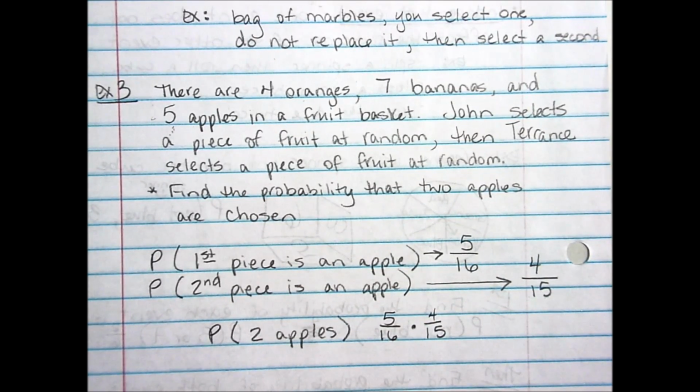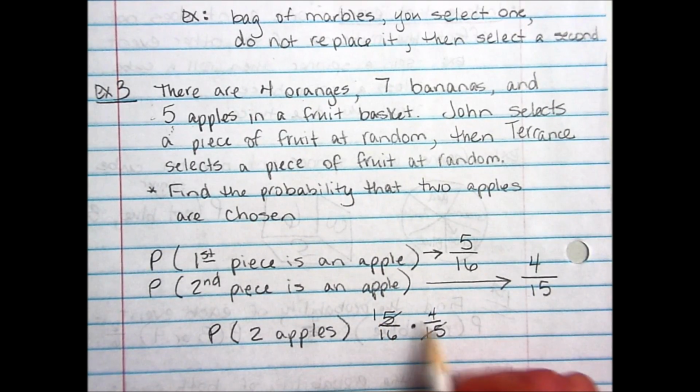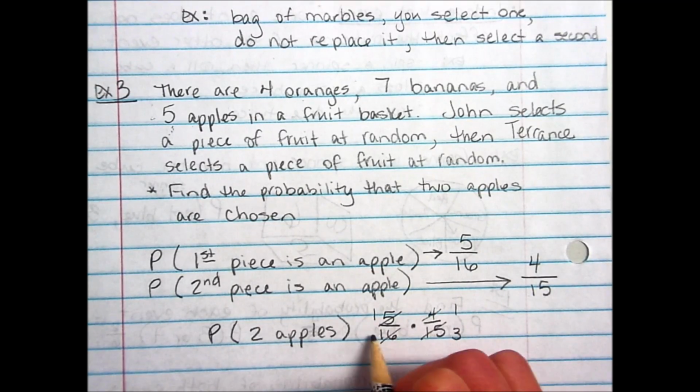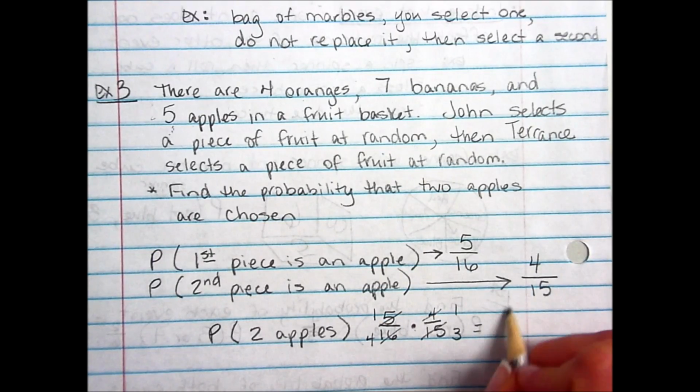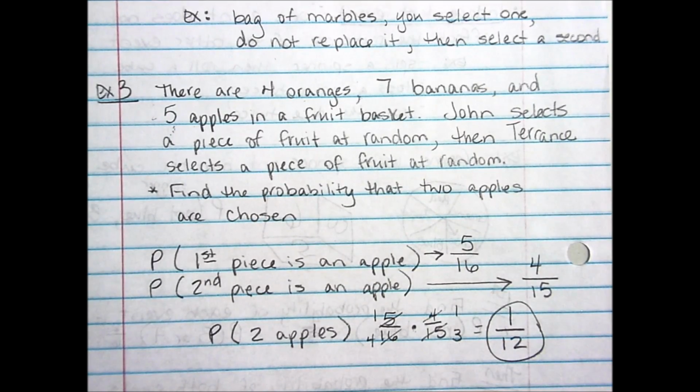Okay, we can crisscross reduce here. 5 and 15 are both divisible by 5. 5 divided by 5 is 1. 15 divided by 5 is 3. I can do it again here. They're both divisible by 4. 4 divided by 4 is 1. 16 divided by 4 is 4. So now I can multiply across the top. 1 times 1 is 1. 4 times 3 is 12. So I have a 1 out of 12 chance of drawing 2 apples from the fruit basket.